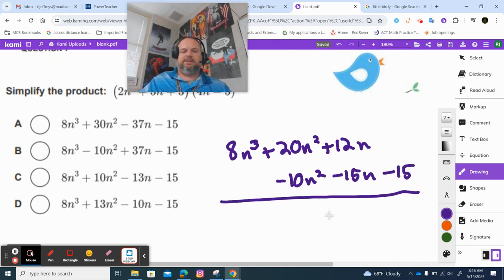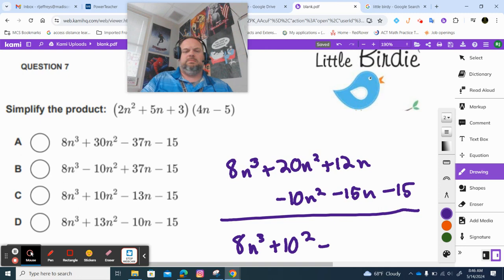So, combine like terms, we're going to get 8n to the third plus 10n squared. Did I do that right? That's supposed to be 25.